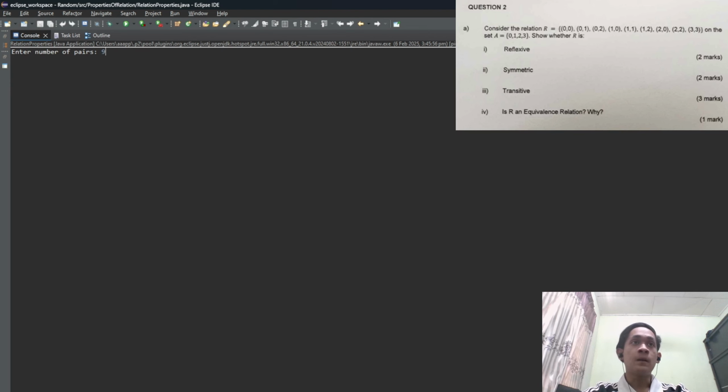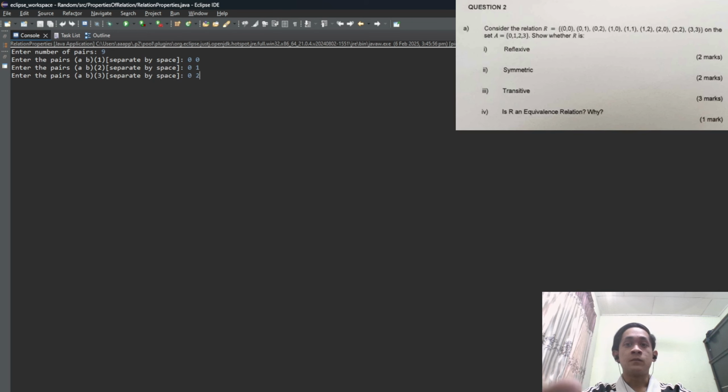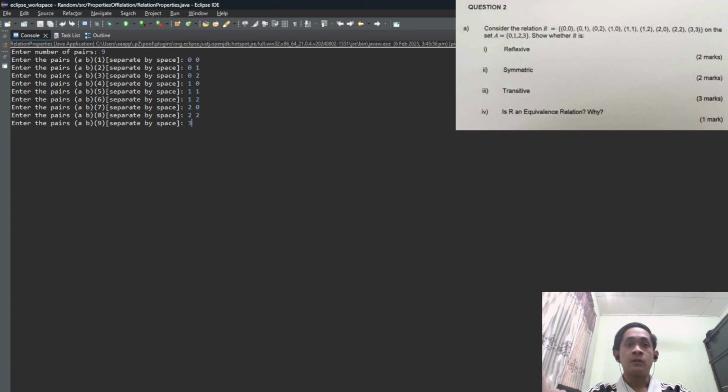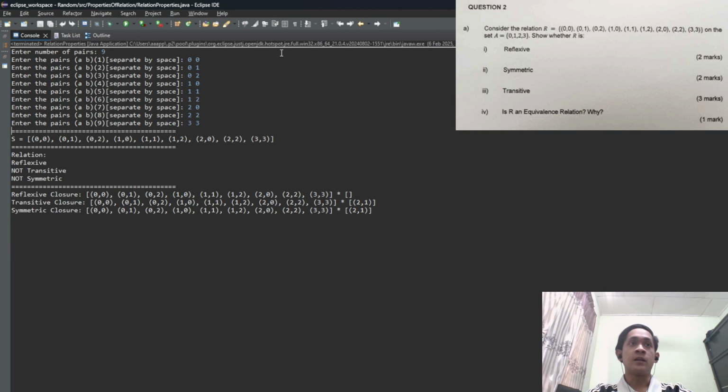So we entered 9, and then we entered the pairs, separated by spaces: 0 1, 0 2, 0 2, 1 0, 1 1, 1 2, 2 0, 2 2, and 3 3. After we entered all the pairs in the set, we hit enter, and the system will check the properties of the relation.